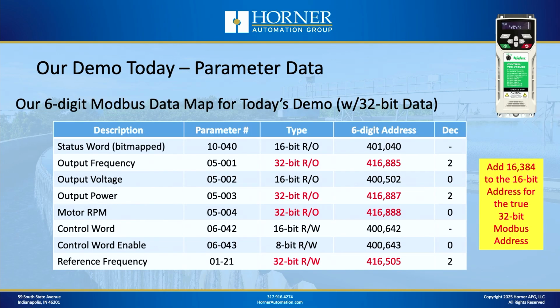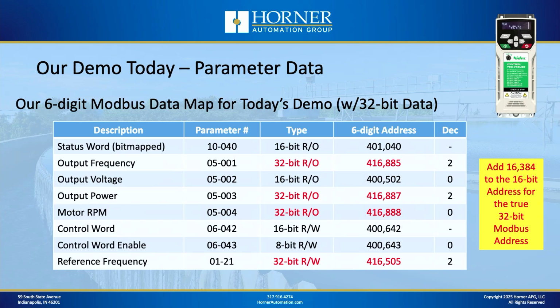Okay, now as we move on to our 6-digit Modbus TCP demo, I want to show you the parameter numbers for 6-digit Modbus. First of all, for the basic 16-bit parameters, the calculation is the same as before, except we add our menu times 100 plus parameter number sum to 400,000 instead of 40,000.